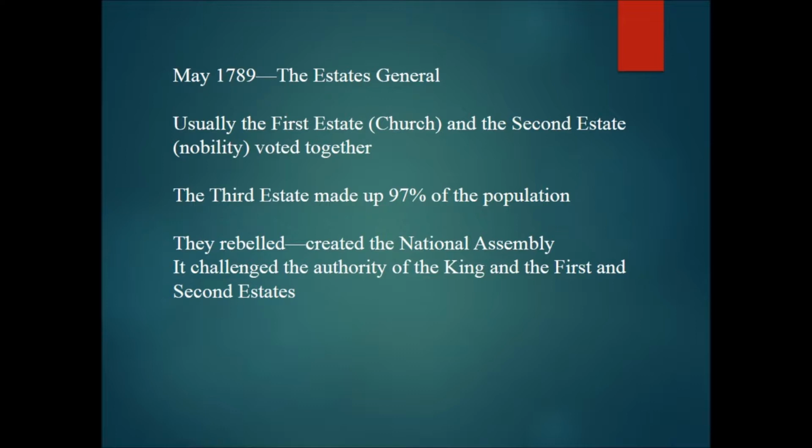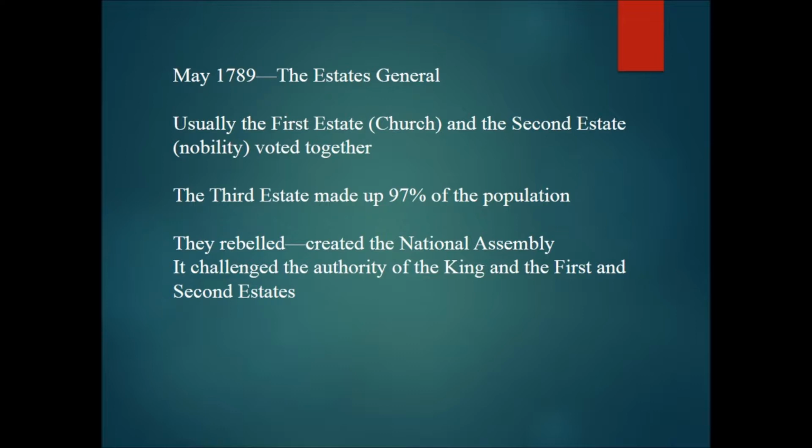And what normally happens at these is that the first estate and the second estate team up and vote together, so they get 2/3 of the entire votes, and the third estate gets 1/3. And now, as I pointed out a little bit earlier, the third estate makes up 97% of the entire population. And so they took a vote on who should pay taxes, and the first estate and second estate voted as a block. 2/3 of the vote said they didn't want to pay taxes and that the third estate should.